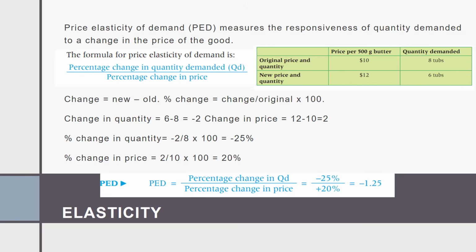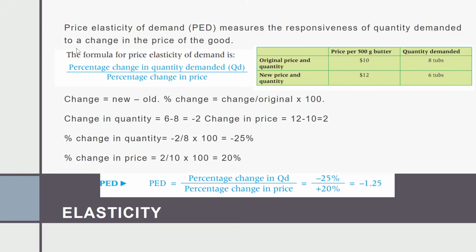So the first thing I'll do is calculate the change in demand. It was 8 tubs. Now it's 6 tubs. How much did it change by? Two. Is it more or less? Less. So the change in demand is -2.